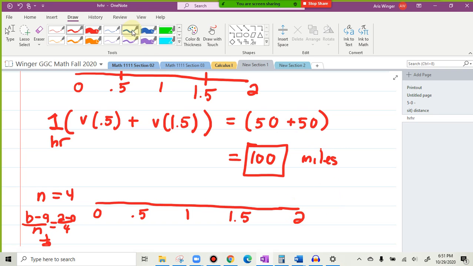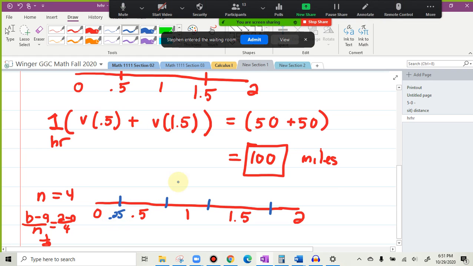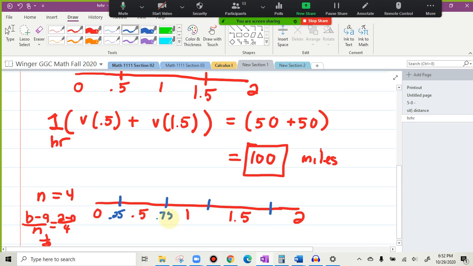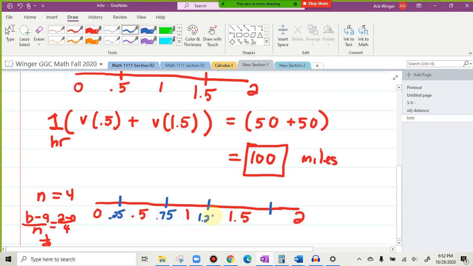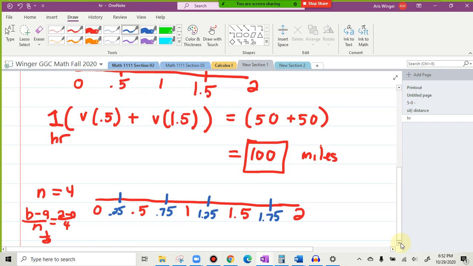If we're doing the midpoint method, they want us to then use the points that are halfway between these. And thankfully, the chart gives us those. So 0.25, 0.75, 1.25, and 1.75, right? And all those values are given.